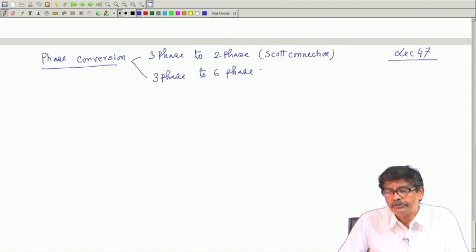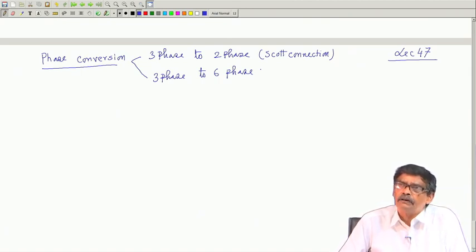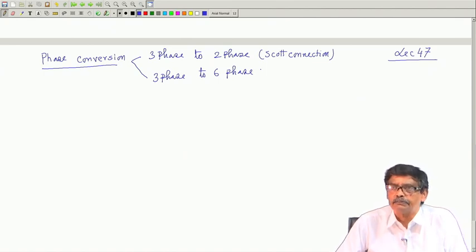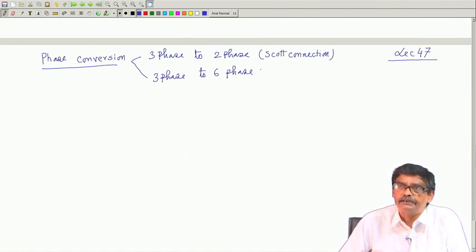Now, 3 phase to 6 phase conversion was used very much at a certain point of time. For example, we have 3 phase to DC conversion by using a diode bridge. You give a 3 phase supply, you get a DC supply.